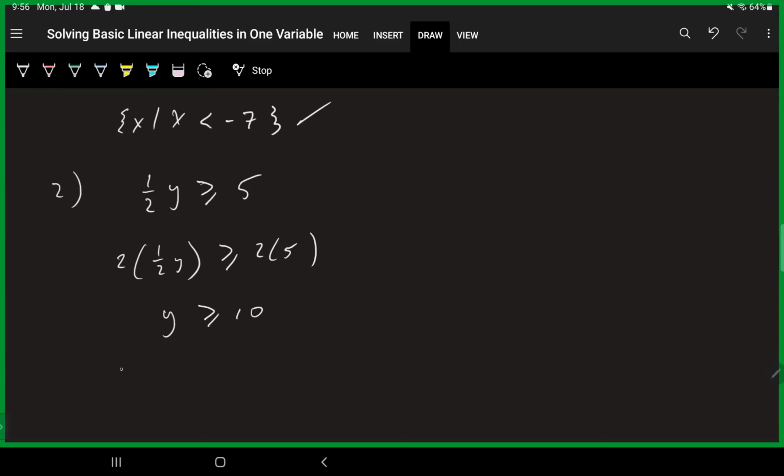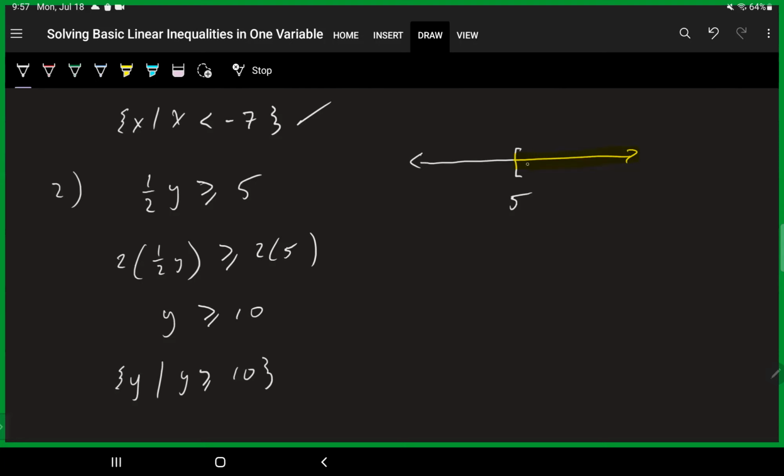Set builder we get for free. And for my interval, I'm looking at the value 10, I'm including it. And since y marches off to the right, oops, if I was using a paper and pencil, a lot of times I just scribble it in, but I have some better tools. So let me make sure that I highlight, be consistent.